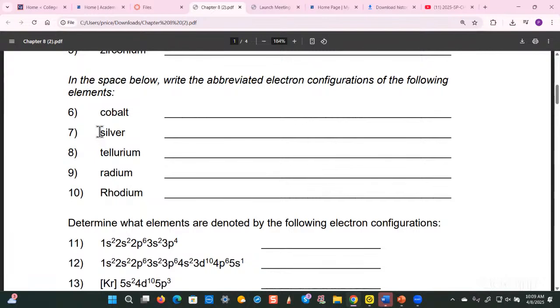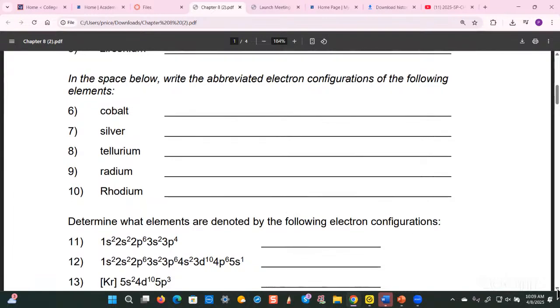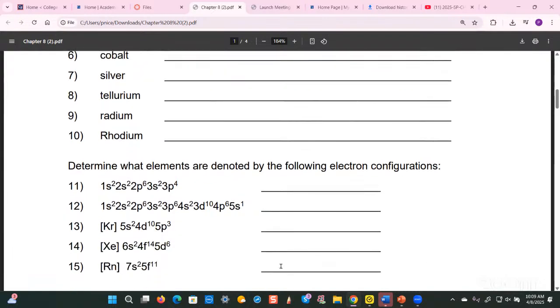Silver is a bit different, and I want to discuss that with you. But you should be able to do the rest of them. You should also be able to do questions 11 through 15, which are actually easier than the others. I want you to do those now. If you have any questions, feel free to ask.